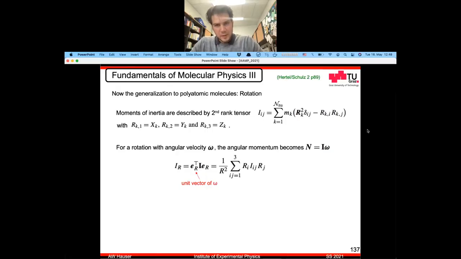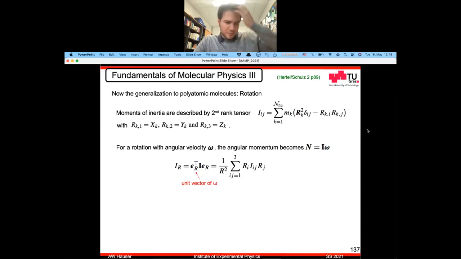I should mention that this follows the book of Hertel and Schulz now. So this is on page 89, I think. Yes, I have written it here on page 89 of Hertel and Schulz in the second book, where it goes a bit more into detail with regards to polyatomic molecules.